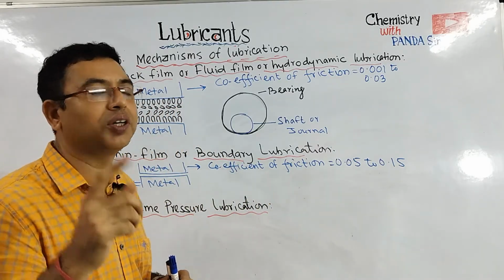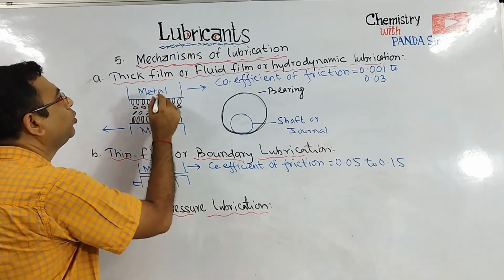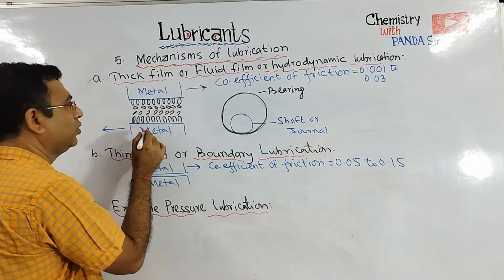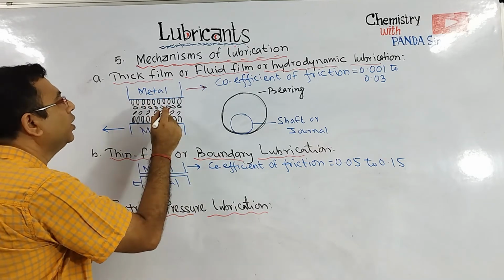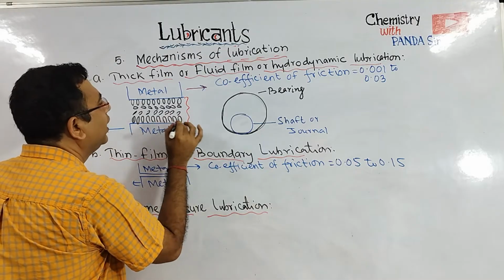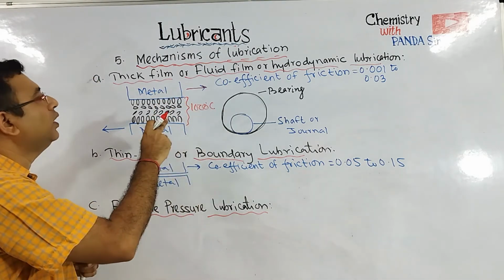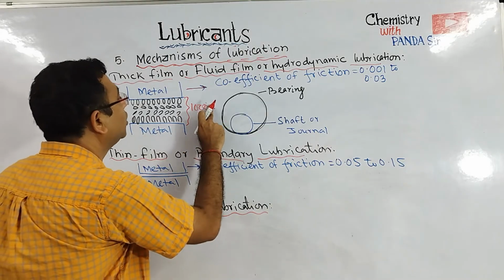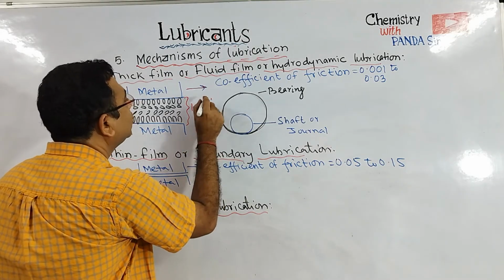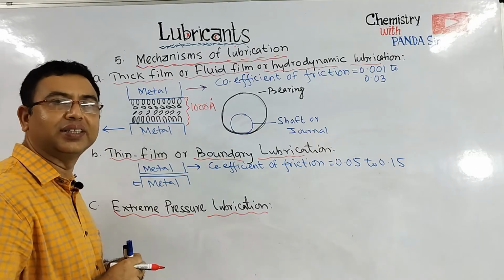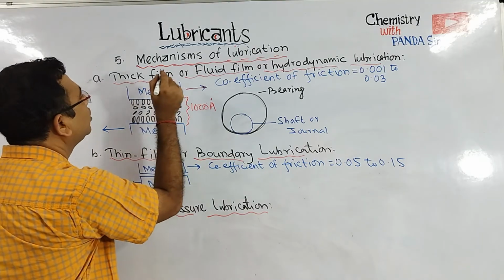This is something critical, because here you can see between the two moving metallic surfaces we keep a lubricating oil, and the thickness of this lubricating oil is 1000 angstrom.